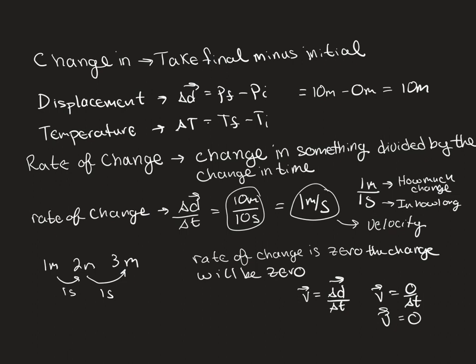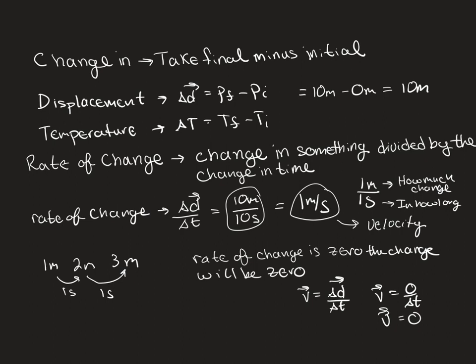When our velocity is 0, our displacement remains constant. So whatever position we're at, we're sticking at it. Or if we're staying in the same spot, that tells us our velocity is 0. And we can carry this on to acceleration that we learned about earlier, where if our acceleration is 0, it tells me my velocity doesn't change. If my velocity doesn't change, that tells me my acceleration is 0.